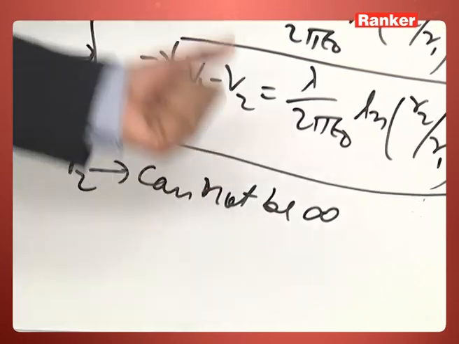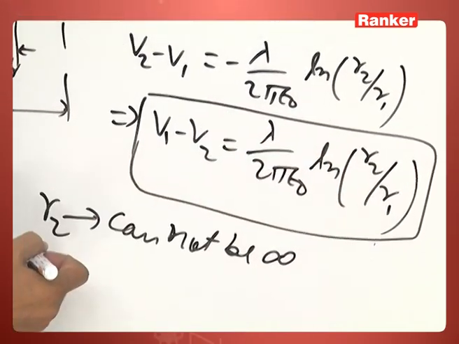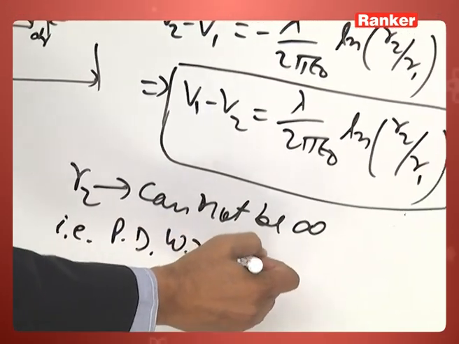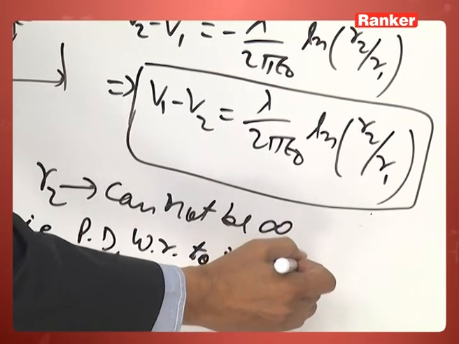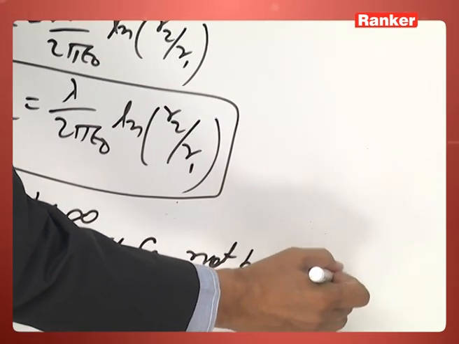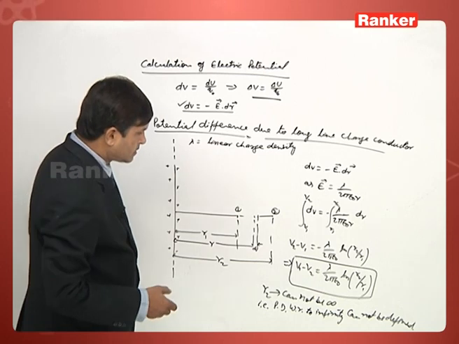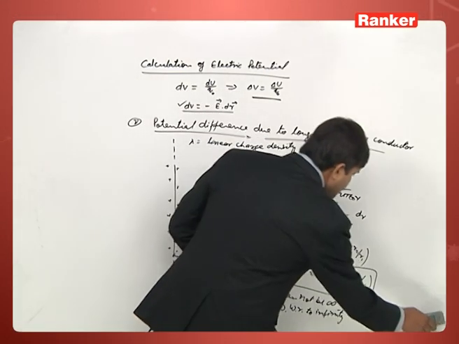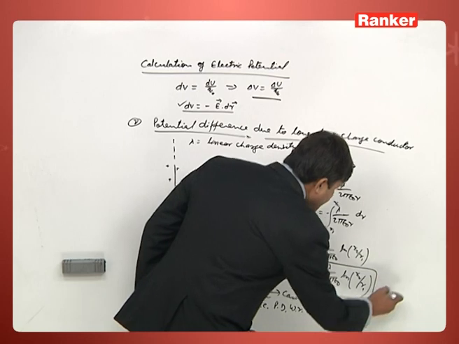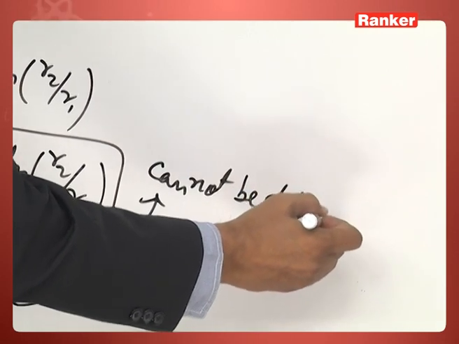It means potential difference with respect to infinity cannot be defined, because this is undefined.